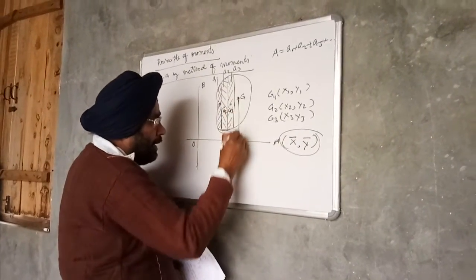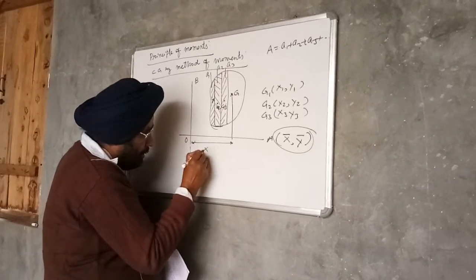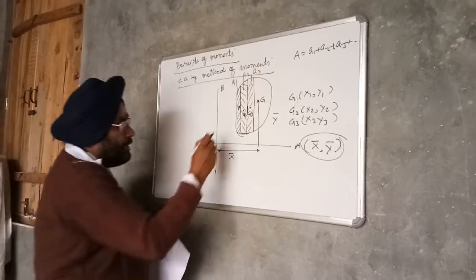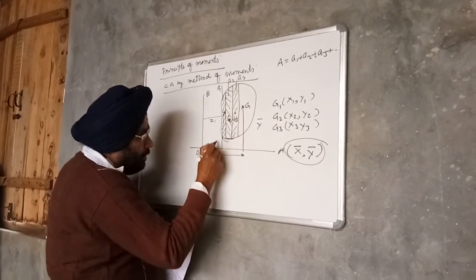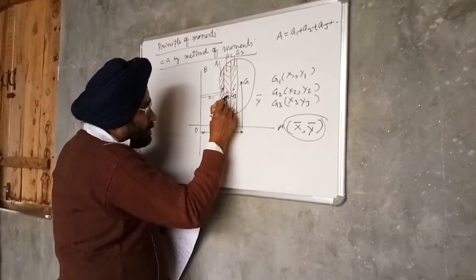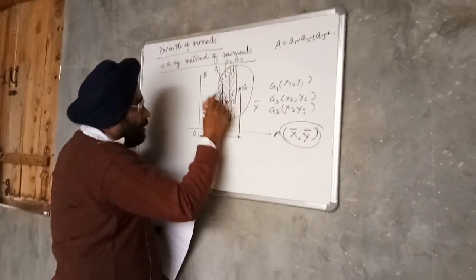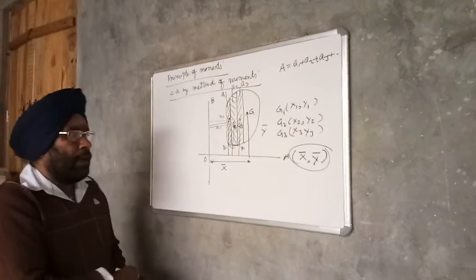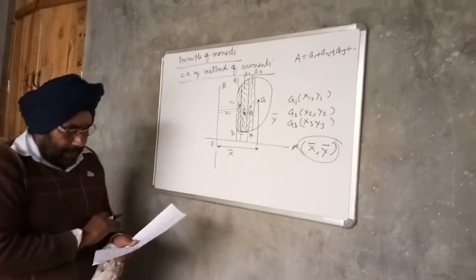This is x bar and this is y bar. This is x1, y1; similarly, x2, y2 and x3, y3 are the coordinates of the CG of the areas from the reference axes. OA and OB are the reference axes.